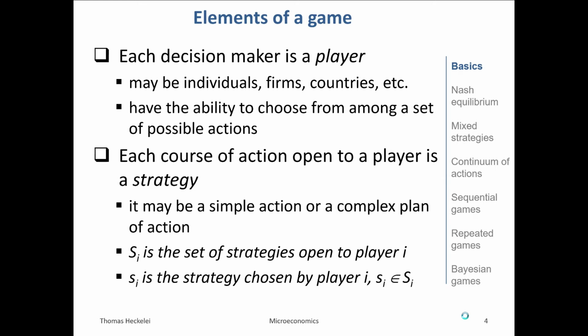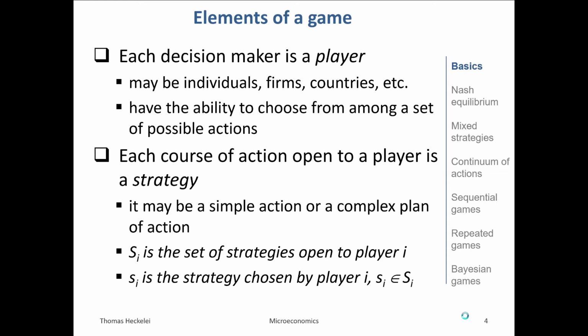So it could be a simple action, for example, doing nothing is also considered a decision, an action, or a complex plan of actions, like step by step, how to solve the terms of trade, like hygiene, and then tariff, non-tariff measures, a full set of actions.